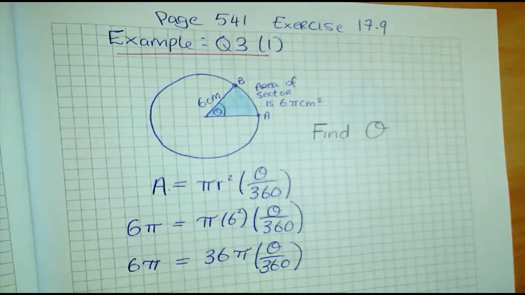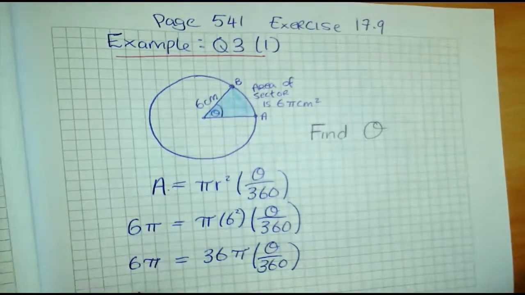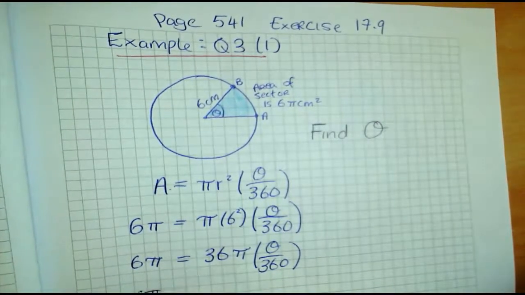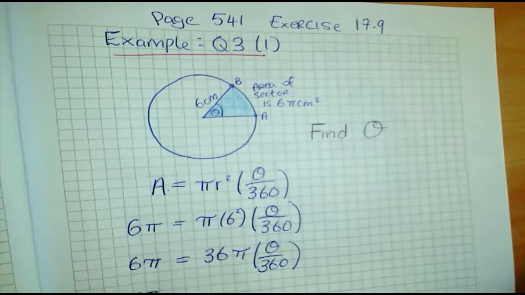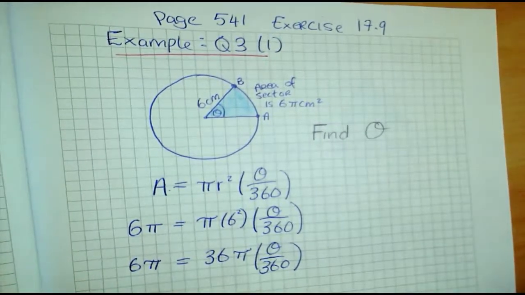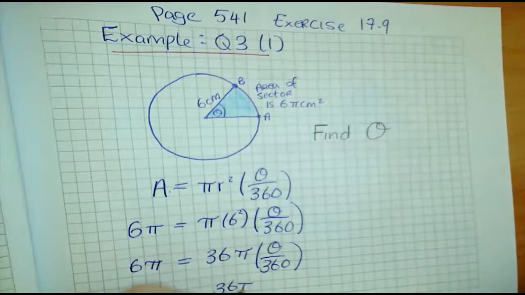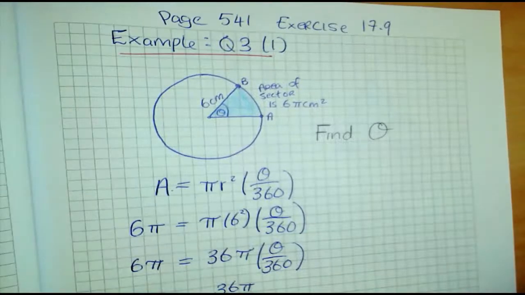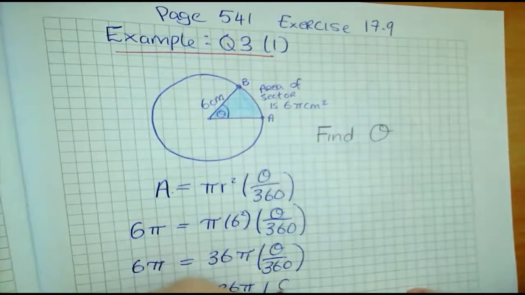Okay? Now we just need to tidy this up to try to get theta on its own. So again, this 36 pi is being multiplied by theta over 360. So we're going to get rid of this 36 pi. It's multiplication, so we're going to do the opposite and we're going to divide it. So 6 pi divided by 36 pi. So remember, with the equation, to keep it equal, what we do to one side, we have to do to the other.